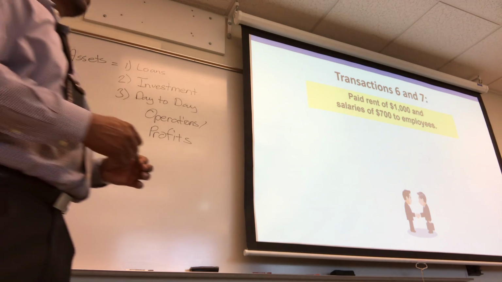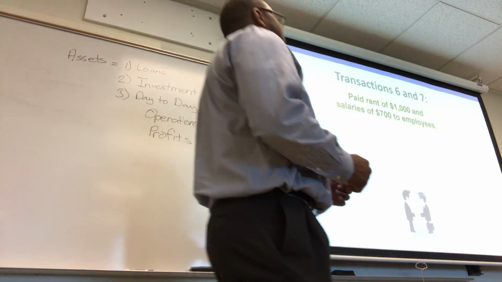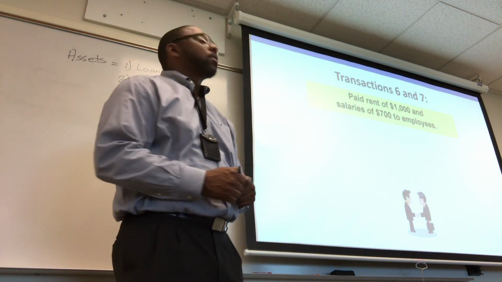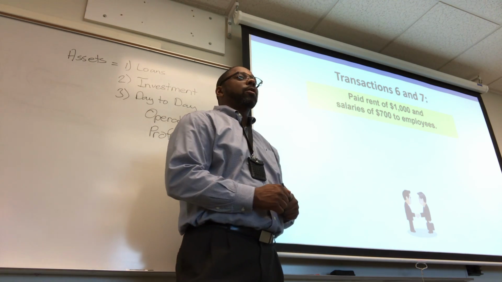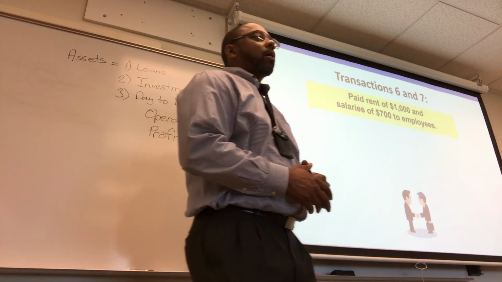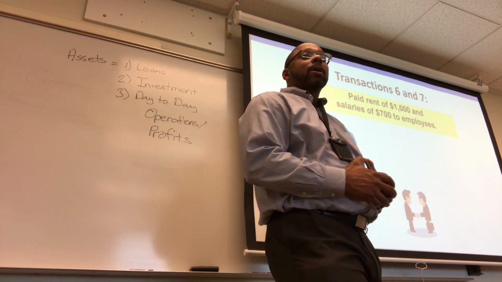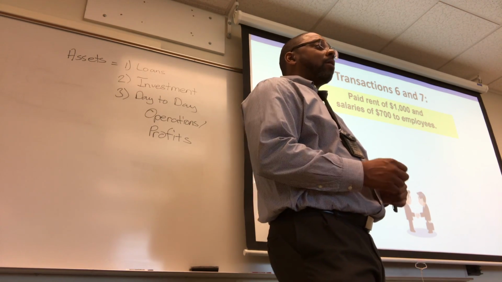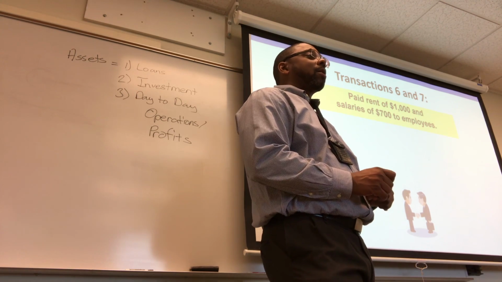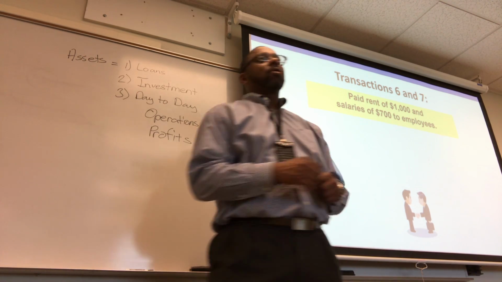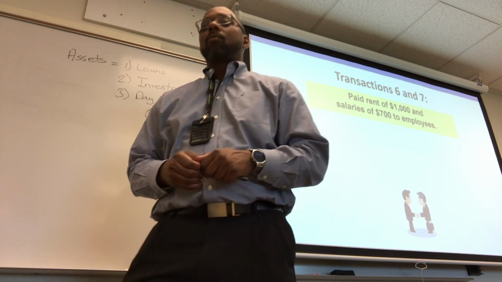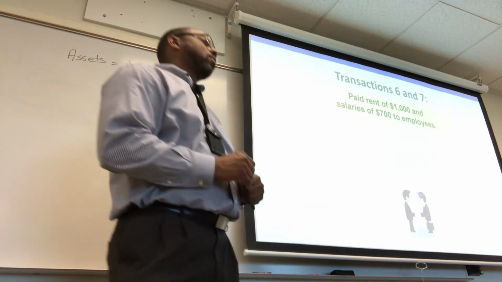Transactions 6 and 7. We're going to pay the rent, which is $1,000, and we're going to pay our employee $700. We're going to pay them with cash. Cash is what type of account? Asset. Did it increase or decrease in the company? Decrease. Now, we paid it for rent. What type of account is rent?